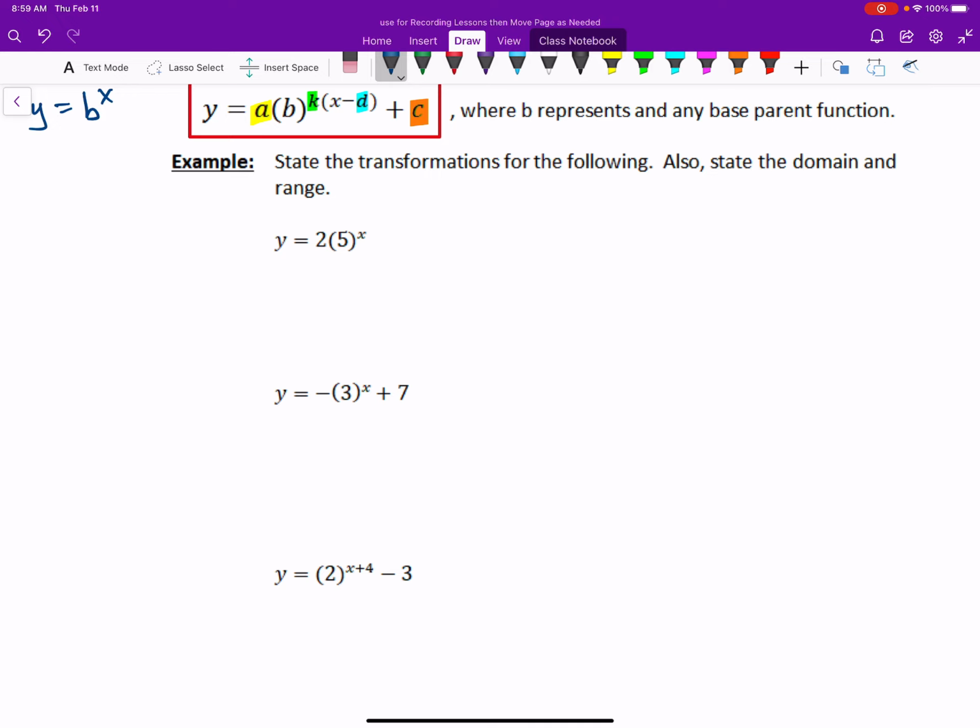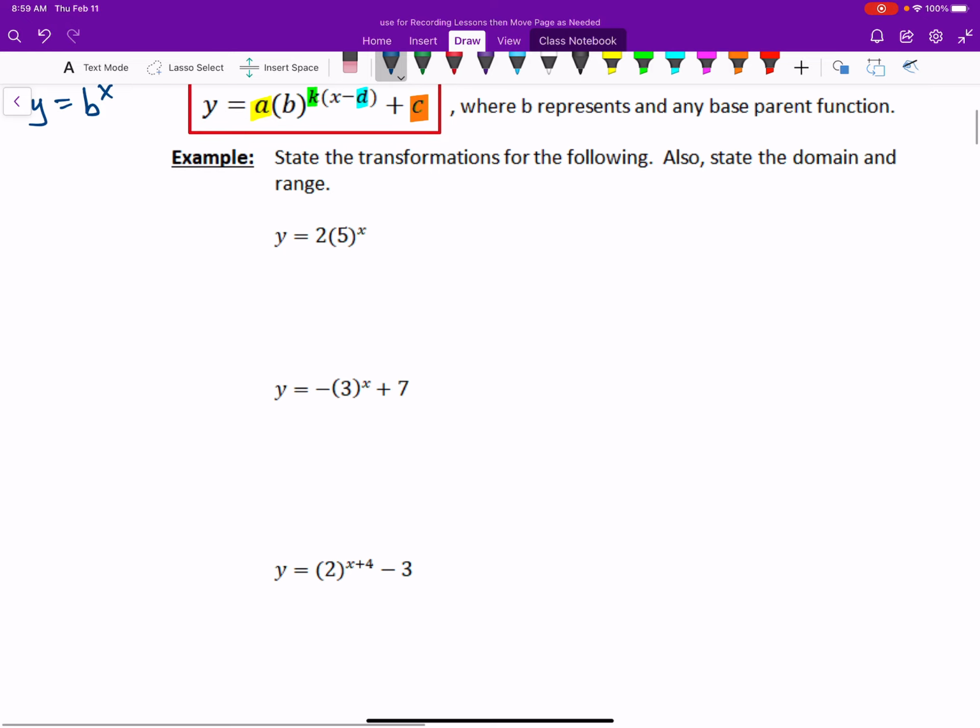So the base is 5 in this case. The other thing with it is a number in front. That's in the A position. So that means that it would have a vertical stretch by a factor of 2. Vertically stretch by 2.